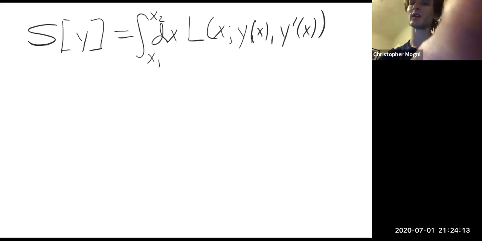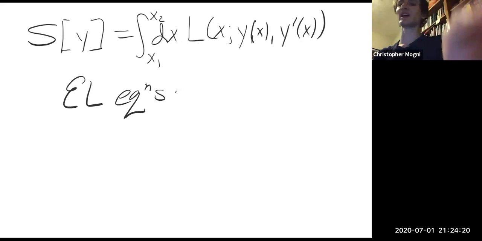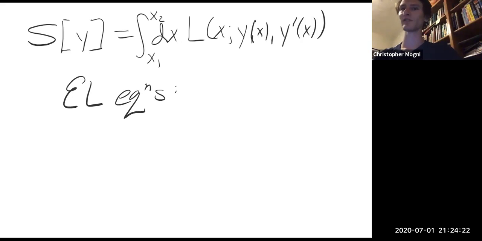Cool, simple. And so we know that we get the Euler-Lagrange equations from taking a functional derivative.